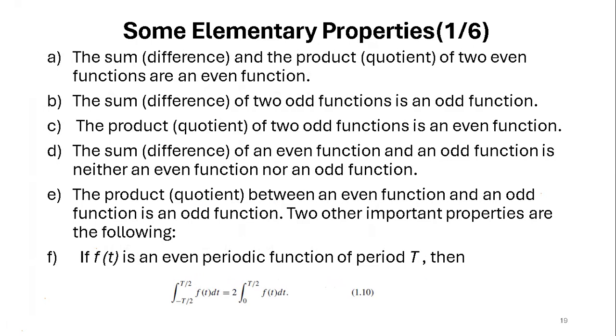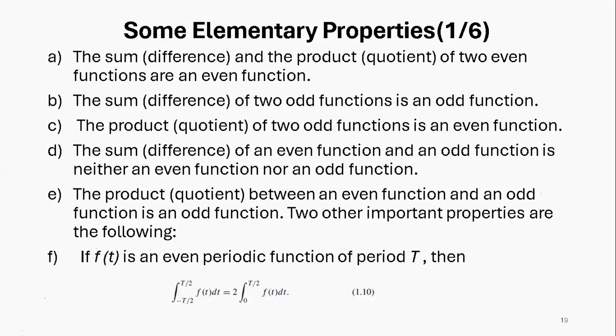If f is an even periodic function, then the integral from minus half period to half period of f of t dt is equal to 2 times the integral from 0 to half period of f of t dt.